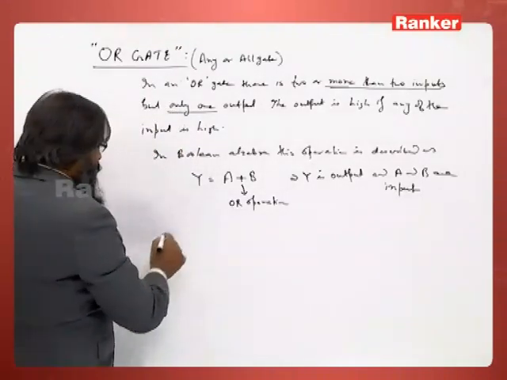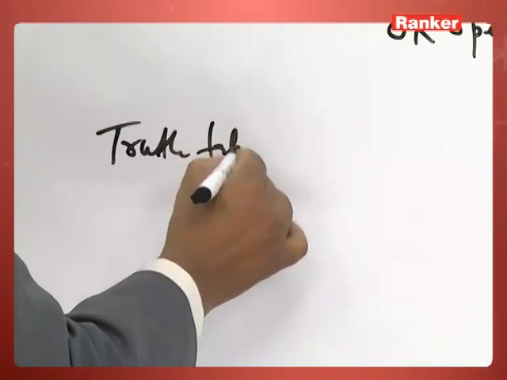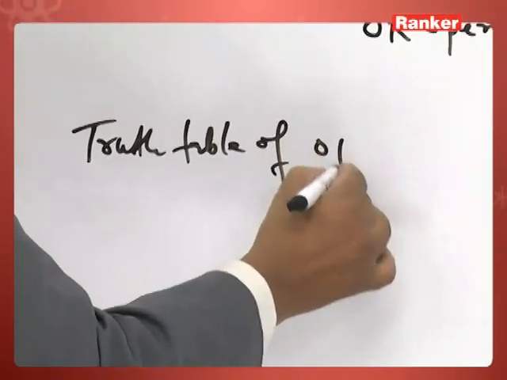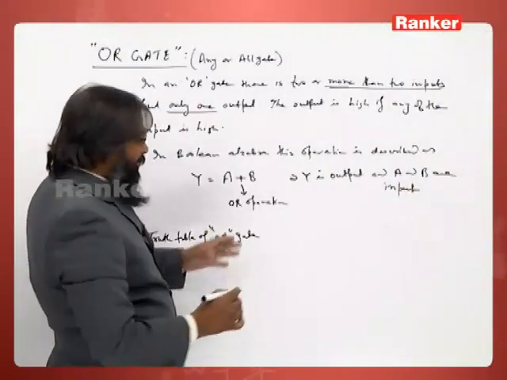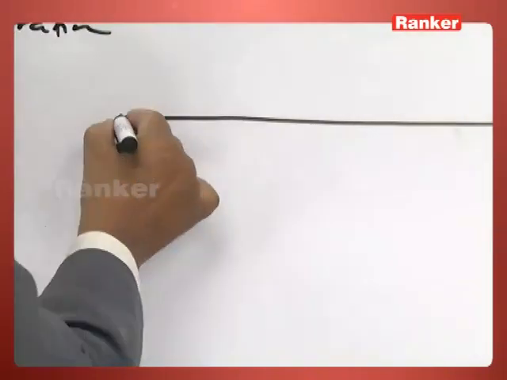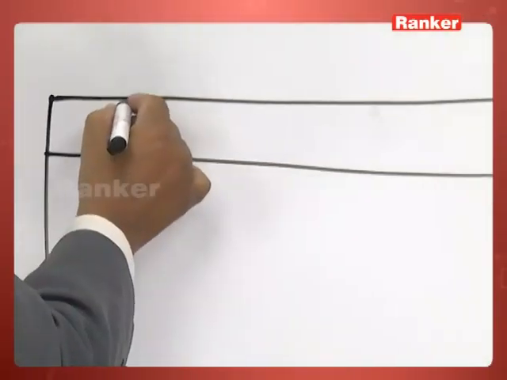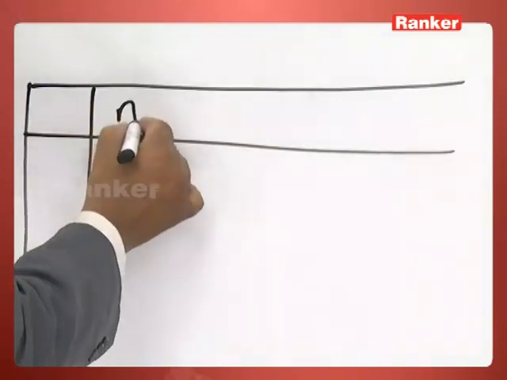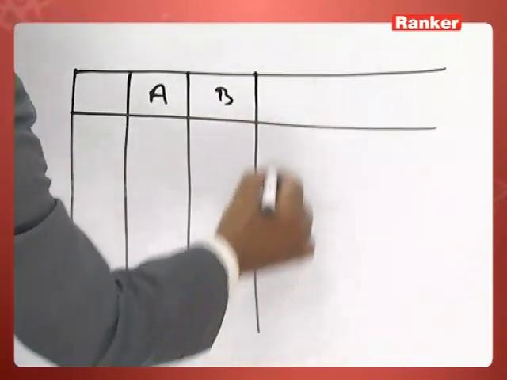Now let us see the truth table of the OR gate. So let us see how we write the truth table. You see here, we will first write A, then B, and then Y.